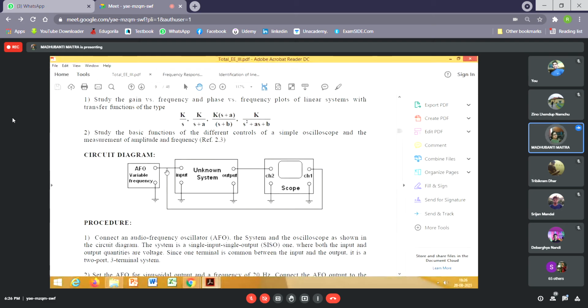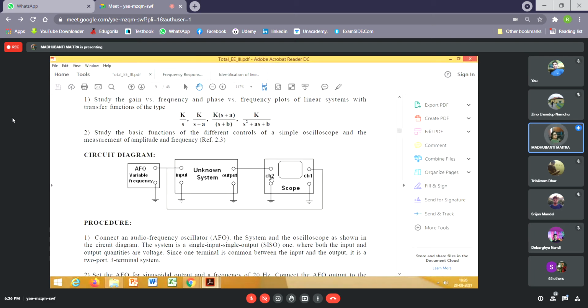So in one channel, the input signal will be given, and this is the output as shown in the diagram. This is the output of the system. You're exciting the system with a sinusoidal signal. The output of the system will be given to the second channel of the oscilloscope. Okay?